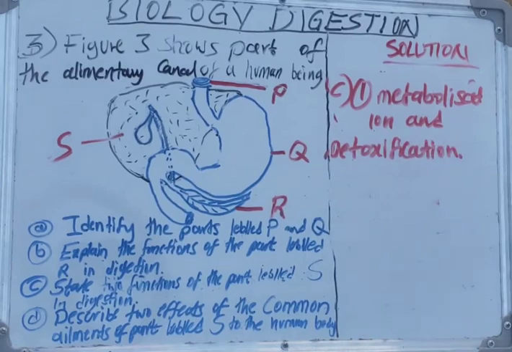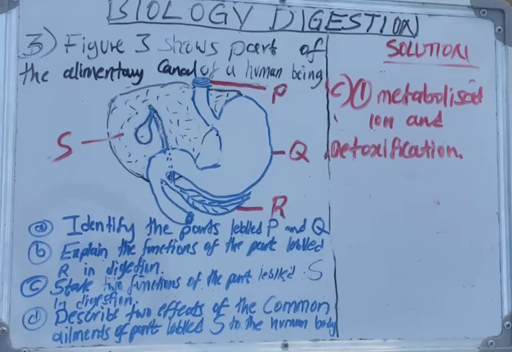So the liver is used in the metabolization of the nutrients. What happens is, after digestion, some of the nutrients are taken into the liver, and the liver helps in the metabolization of these same nutrients. Then in addition to that, it also helps in the detoxification of the toxic substances.